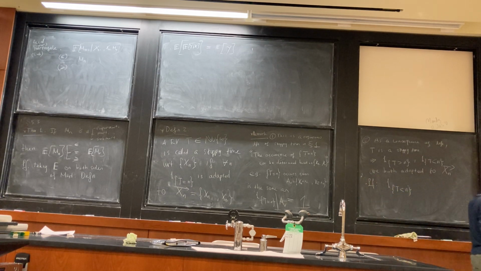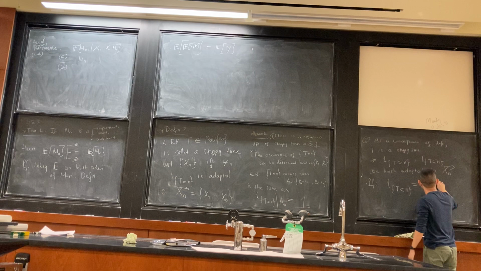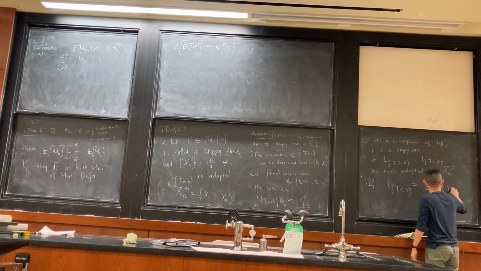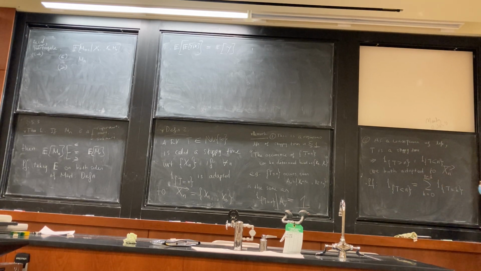That random variable can be decomposed into a summation of the indicators of T equals k, for k from 0 to n minus 1.